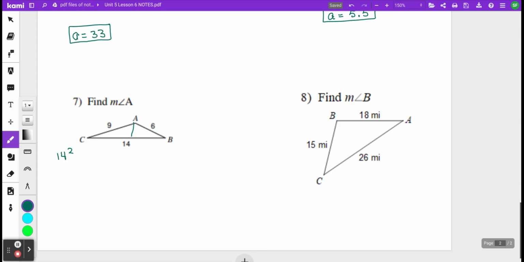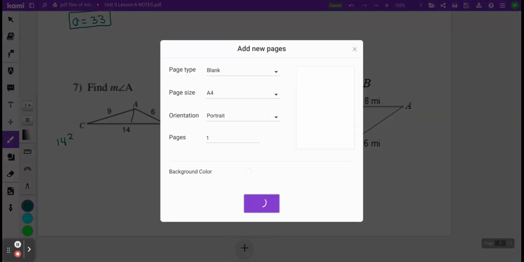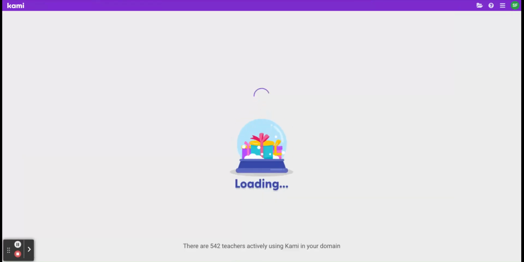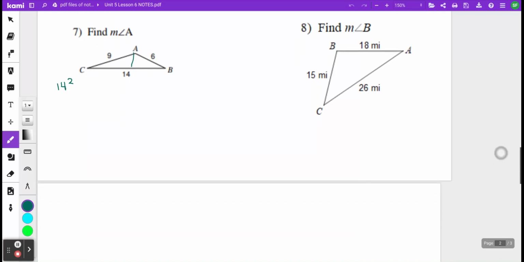Might need a little extra room, so let me add some extra space. There we go. So it makes it easier.